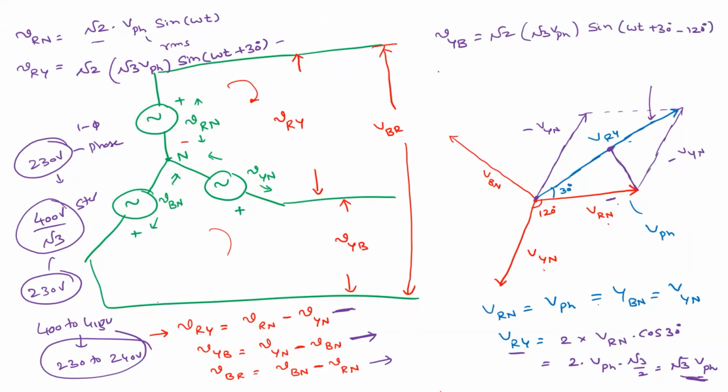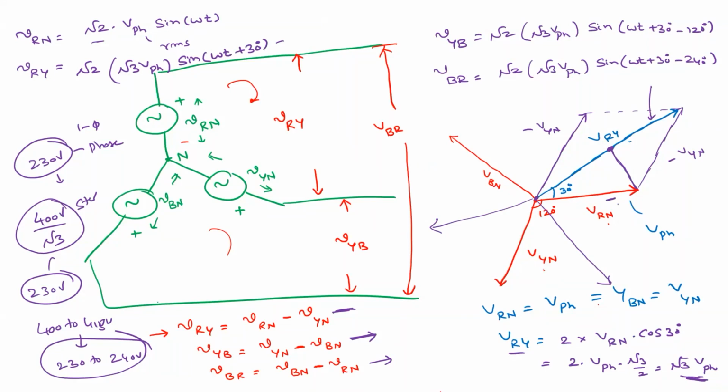Similarly, VBR is equal to root 2 into root 3 V phase sine of omega t plus 30 degrees minus 240 degrees. So it will be somewhere here.